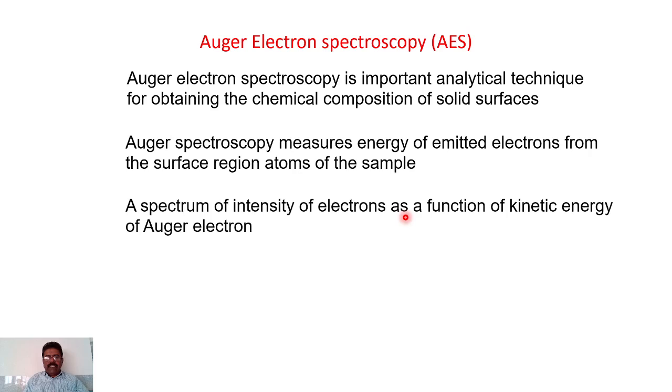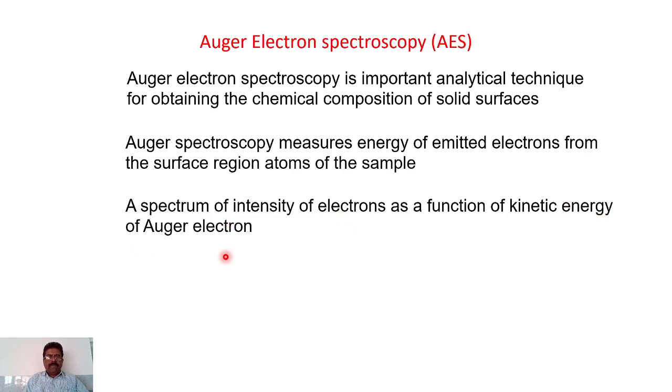The intensity of electron. Intensity of electron means the number of electrons emitted having a particular energy. The more the number of electrons of a particular energy, the more will be the intensity. So intensity of electron against the kinetic energy of the Auger electron.